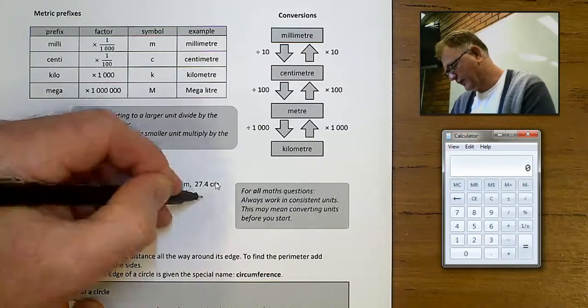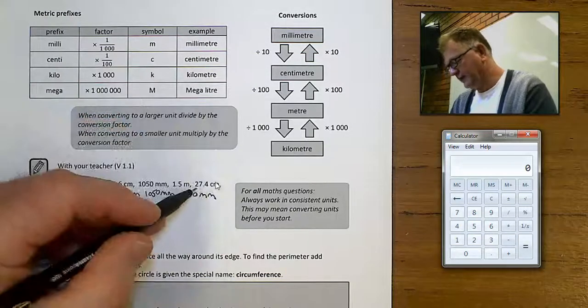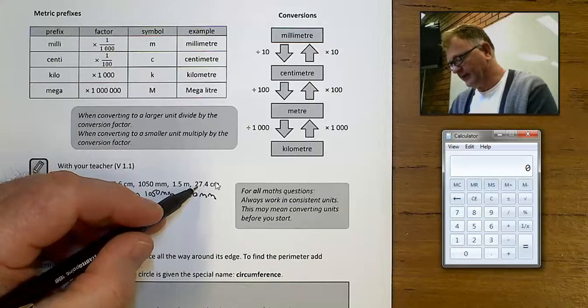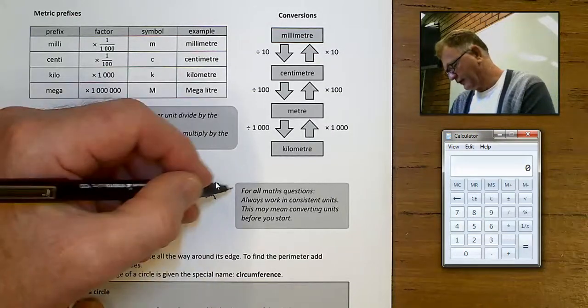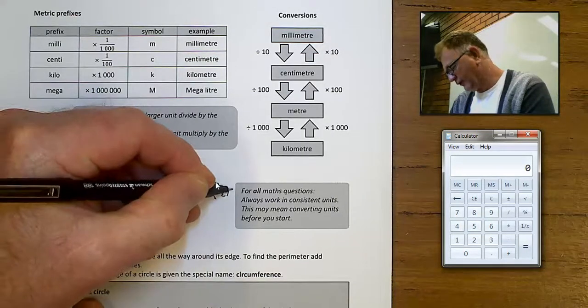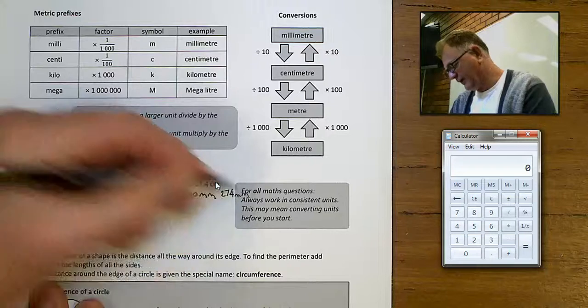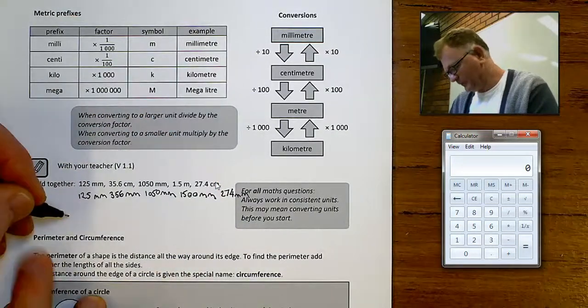1,500 millimeters, and centimeters into millimeters, times by 10 again, so 274 millimeters. Add them all together.